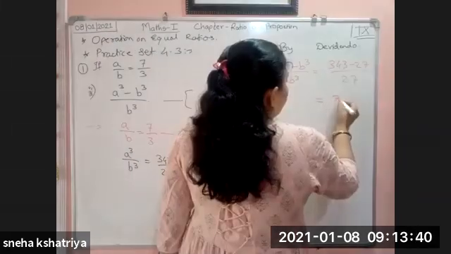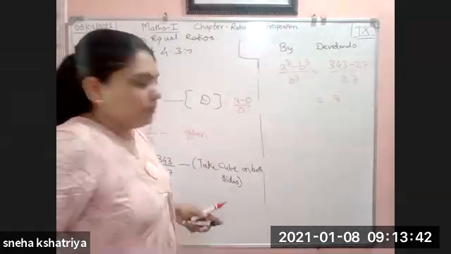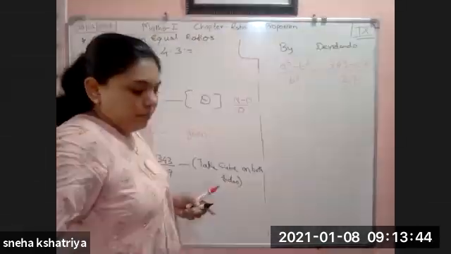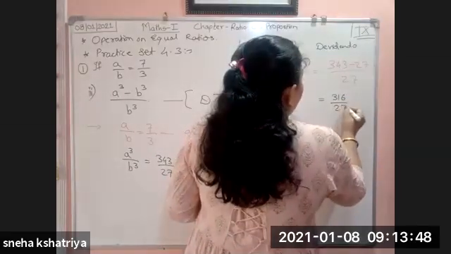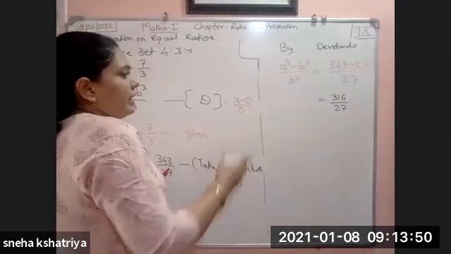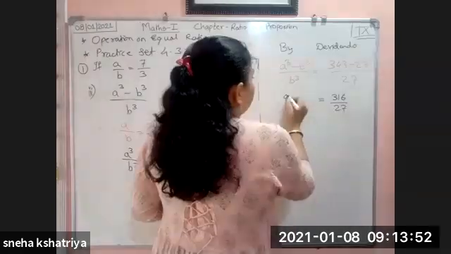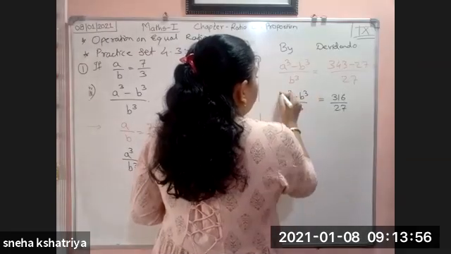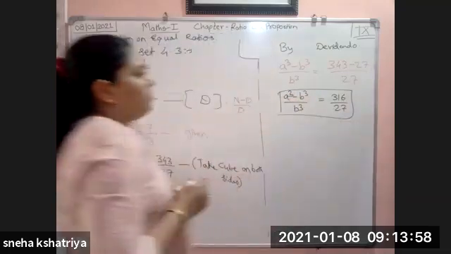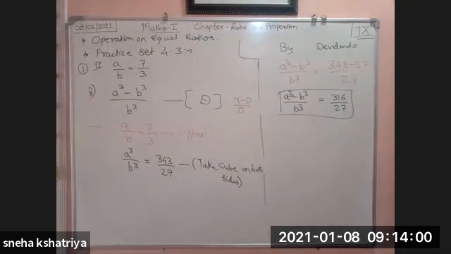So this subtraction is 316 divided by 27. They cannot be divided further, so keep it as it is. So the value of a cube minus b cube divided by b cube is equal to 316 divided by 27.